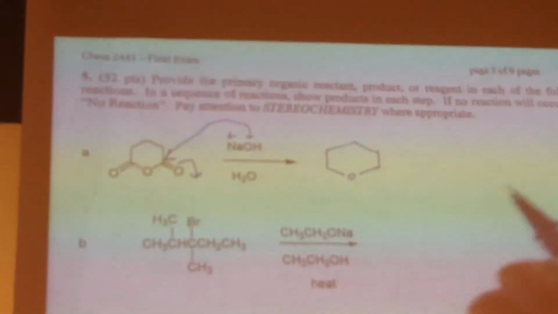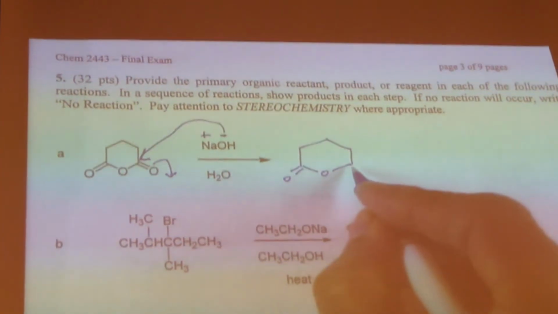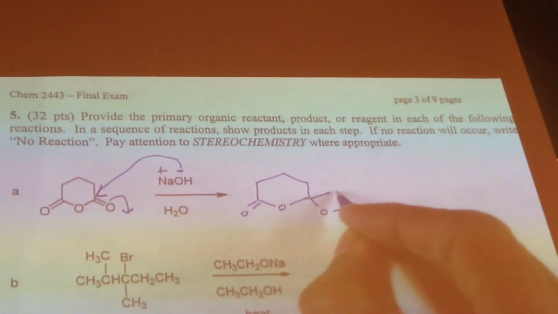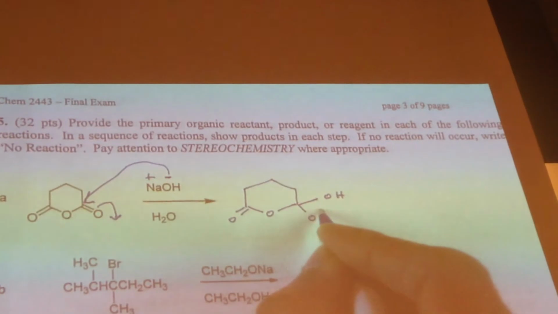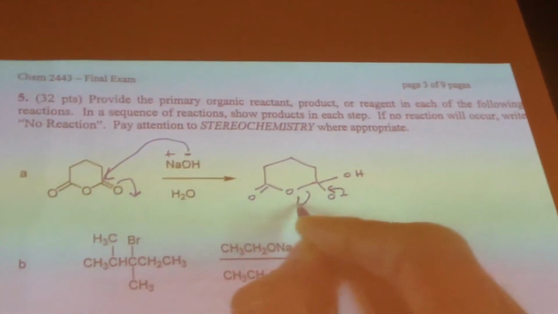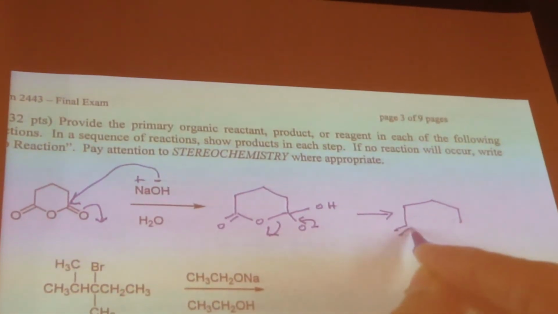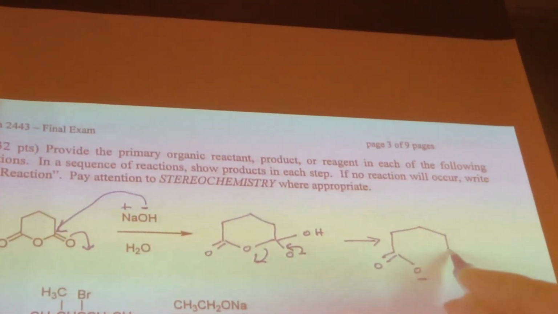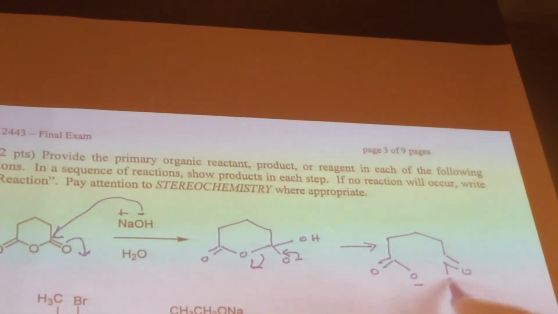I'm showing the mechanism, you don't necessarily have to solve the mechanism, but this is how the reaction proceeds. You have O minus and then OH. This is formed, and now this one can come back and break the bond between these two, forming O minus, and the carbonyl is regenerated, and the OH is there.